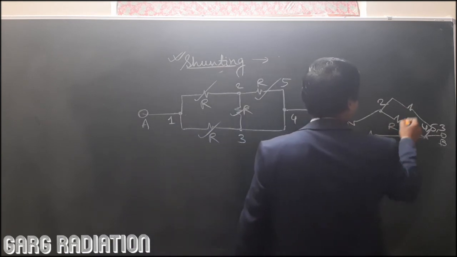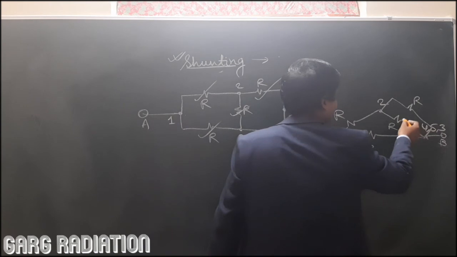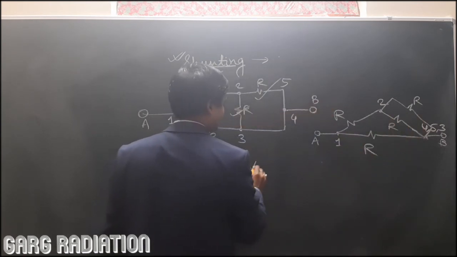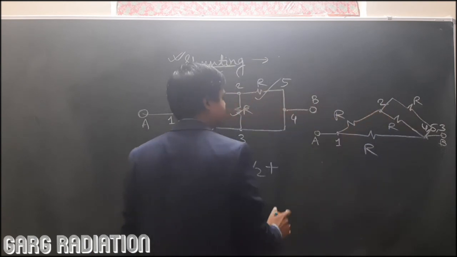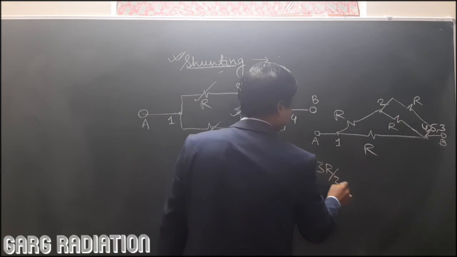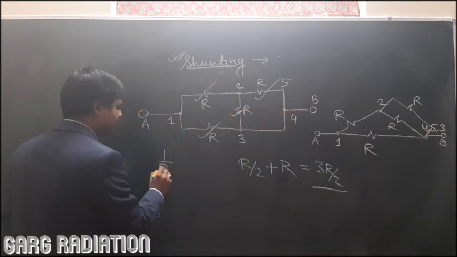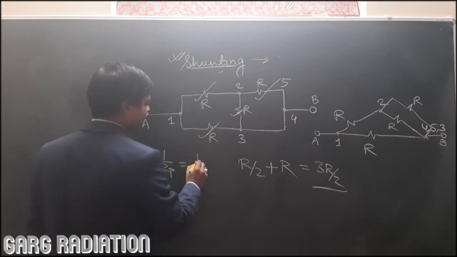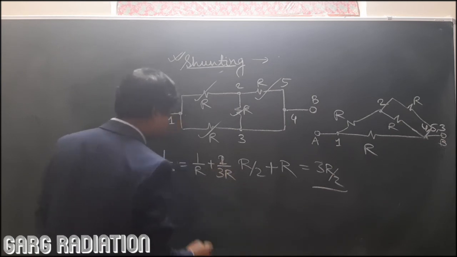So now how to find the R equivalent? Very simple. These two are in parallel, so they become R by 2 plus this equivalent is in series with this, so it becomes 3R by 2. The 3R by 2 and R is in parallel, so 1 by Rp is equal to 1 by R plus 1 by 3R by 2, or simply 2 by 3R.